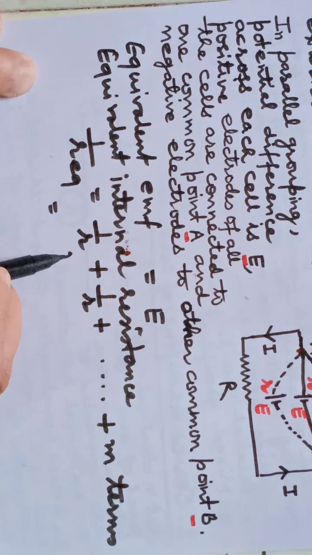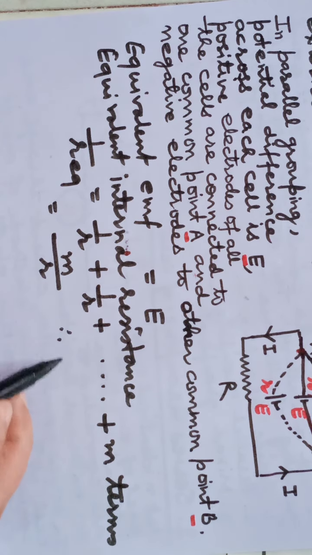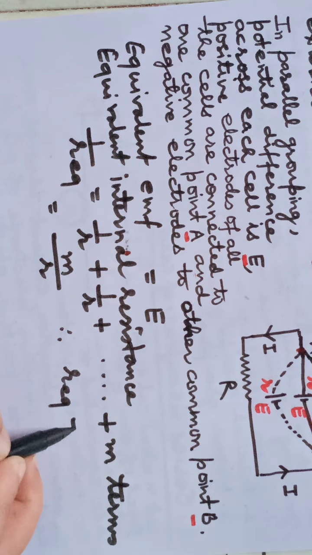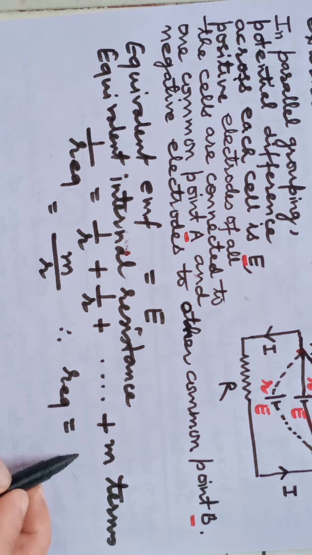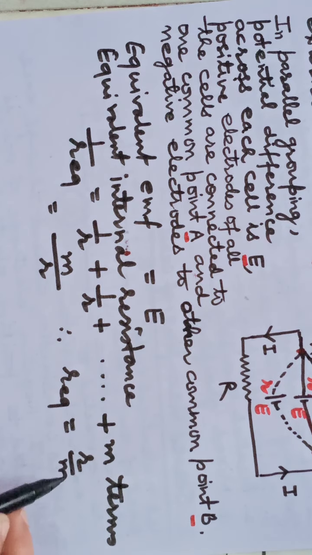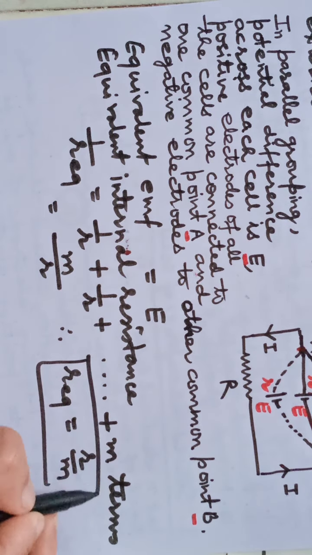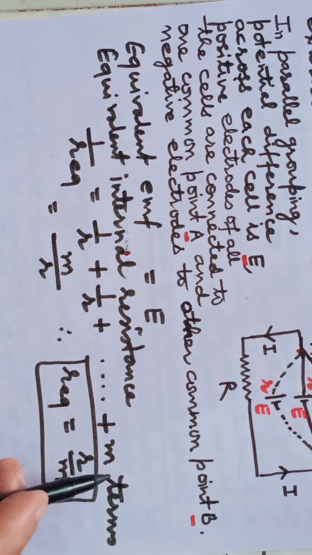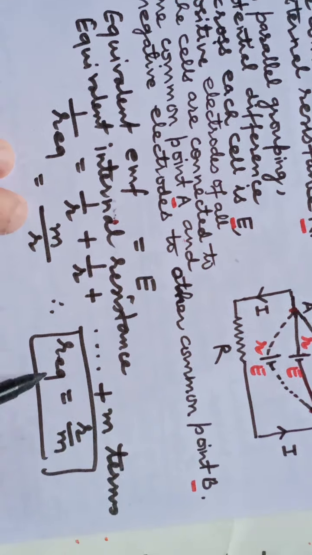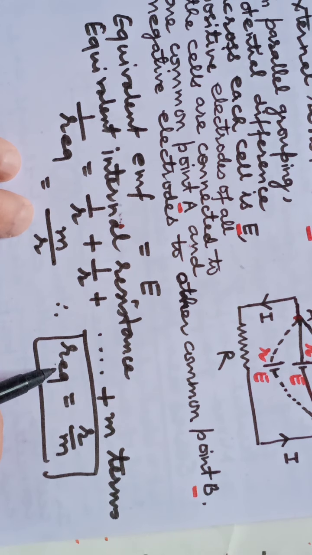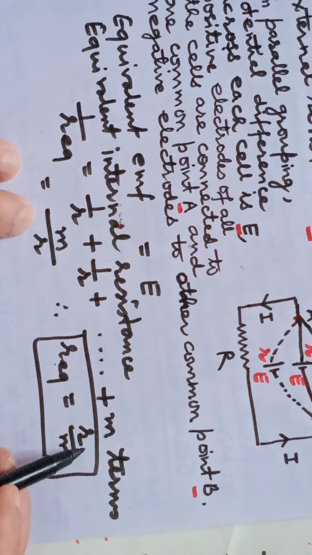Therefore this comes out to be m upon r. Now we reciprocate it, so r equivalent will be r upon m. Notice that when there are m rows and the internal resistance of each cell is r, the equivalent internal resistance is the internal resistance of one cell divided by the number of rows.